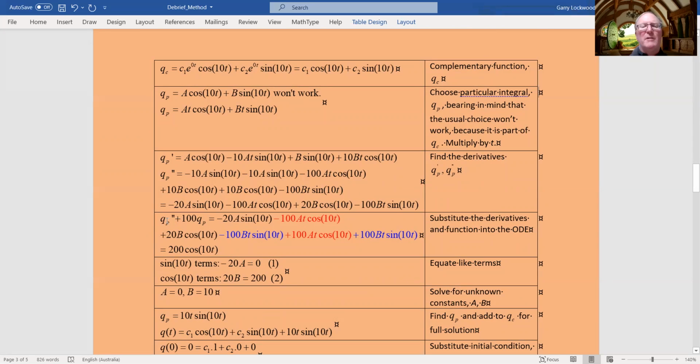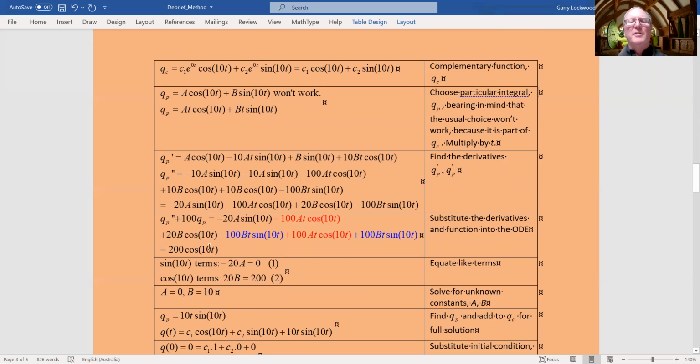So, that original equation was QP double dash plus 100 QP is equal to 200 cos 10t. So there's my QP double dash, all the way up to this blue bit. Then I'm adding 100 QP, which is this red bit and this blue bit.